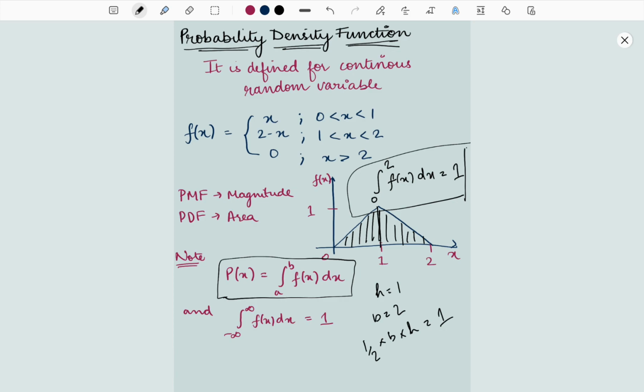So this is all about the probability density function. It is recommended to draw the probability density function because it is easier to find tricks to find the area.